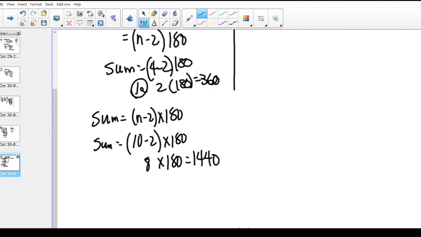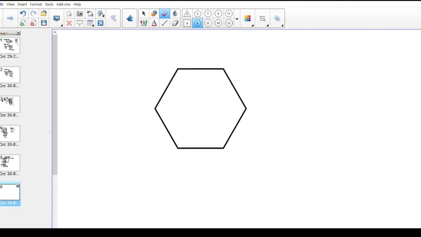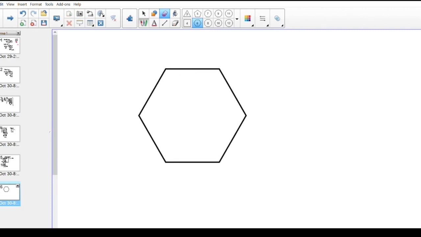Now, I know you don't have the luxury to do what I have. I am very fortunate. I have this instrument that I can draw a hexagon. And I can go in there and tell you that angle's 130, that angle's 130, that one is, I can tell you that 5 of them is 130.